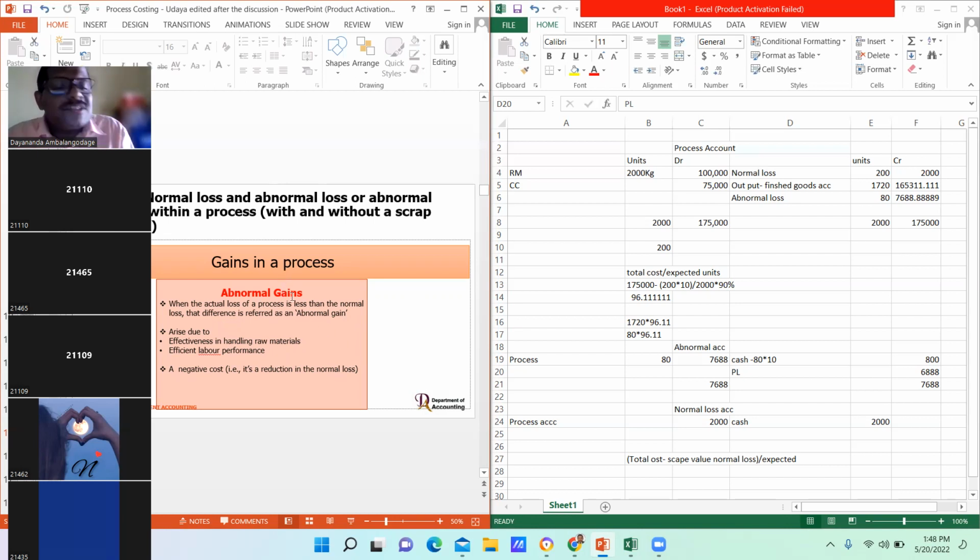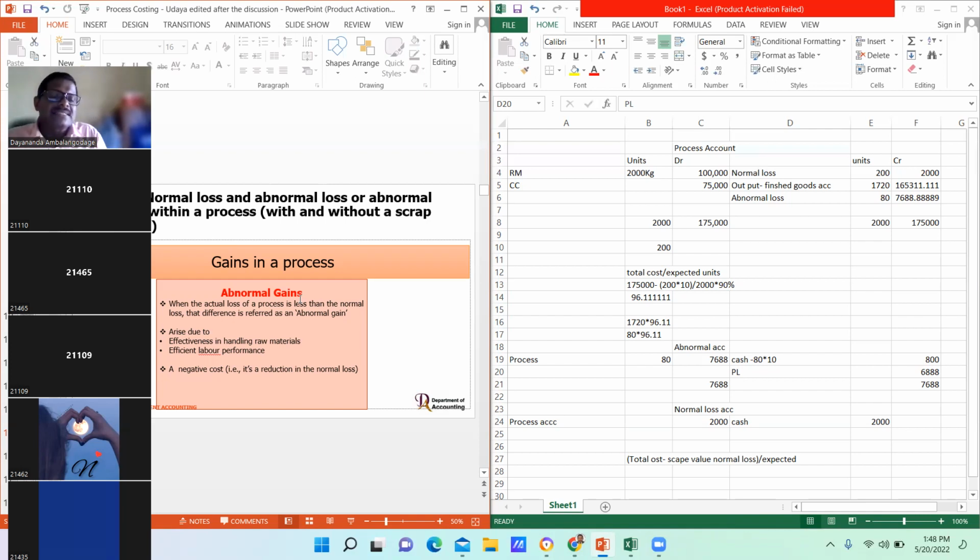Now, abnormal gain means we didn't expect such a benefit. Even though we expect 10% normal loss, actually the loss was 8%. Maybe due to using good material, your employees' motivation, your employees' capabilities, a new machine, the technology, the weather condition of the manufacturing setup.